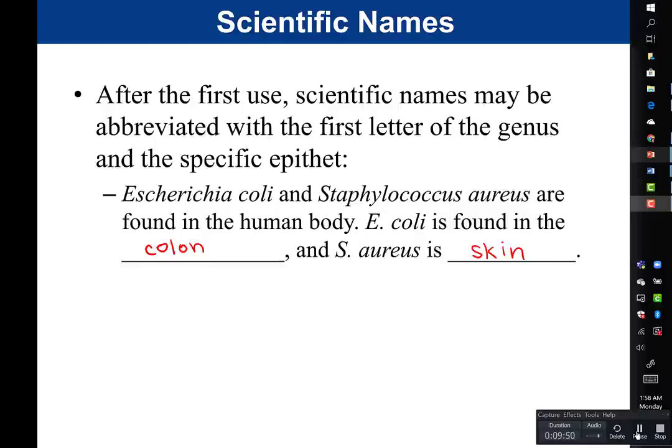Without saying Escherichia coli first, we can't simply write E. coli because there are more organisms than Escherichia coli. There is a protozoan, for example, that is Entamoeba coli. So if I were to write E. coli, am I talking about Entamoeba coli? Am I talking about Escherichia coli? So the first time you have to write out the genus and the species. After that, you can abbreviate the genus with the capital letter, period, and then the species in lowercase.